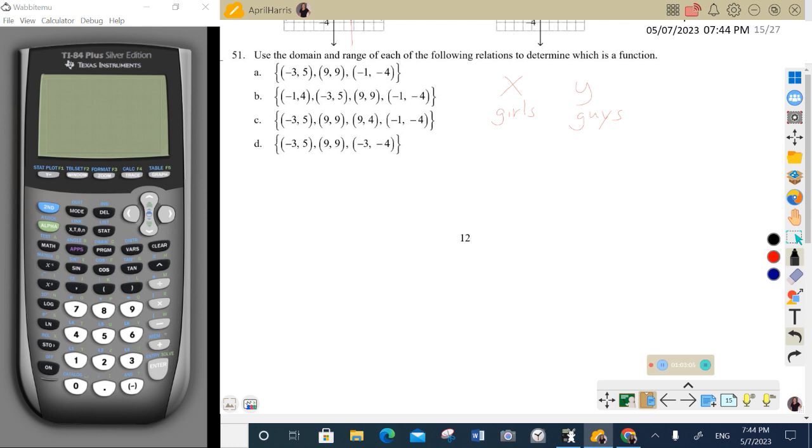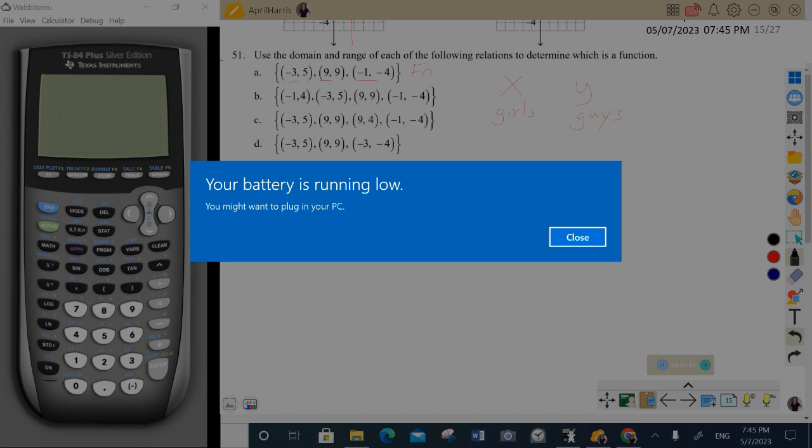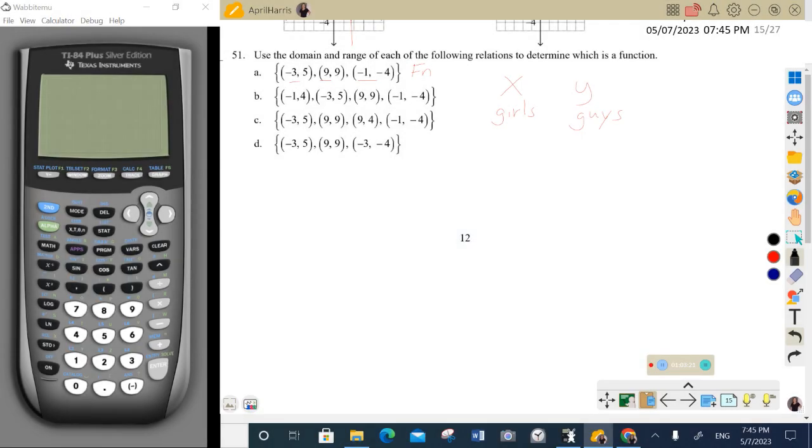Okay, so I'm looking for ordered pairs that have two different ordered pairs with the same x that are seeing different y's. So in A, all the x's are different. So that is a function. In B, the two x equals -1s are seeing two different y's.